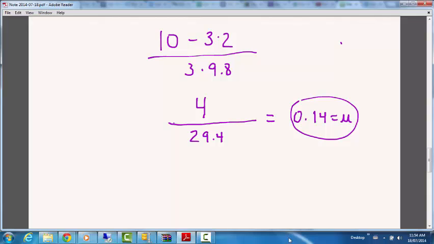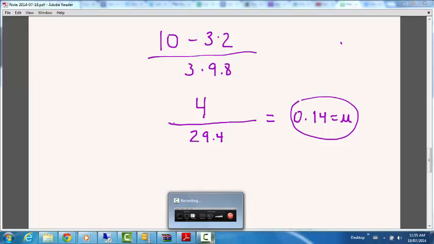Let me just get a calculator. It's 29.4.